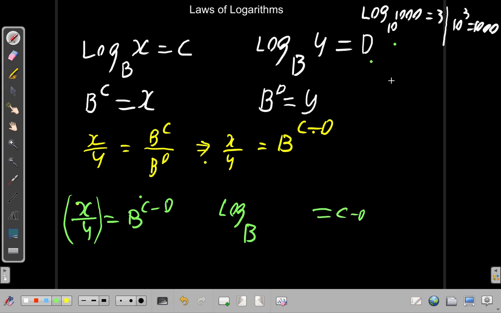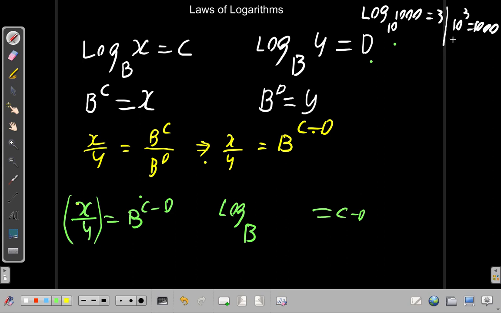In index form, the answer is x over y. Remember, I'm using this example to clearly follow the pattern in order to write from log to index form or index to log form.